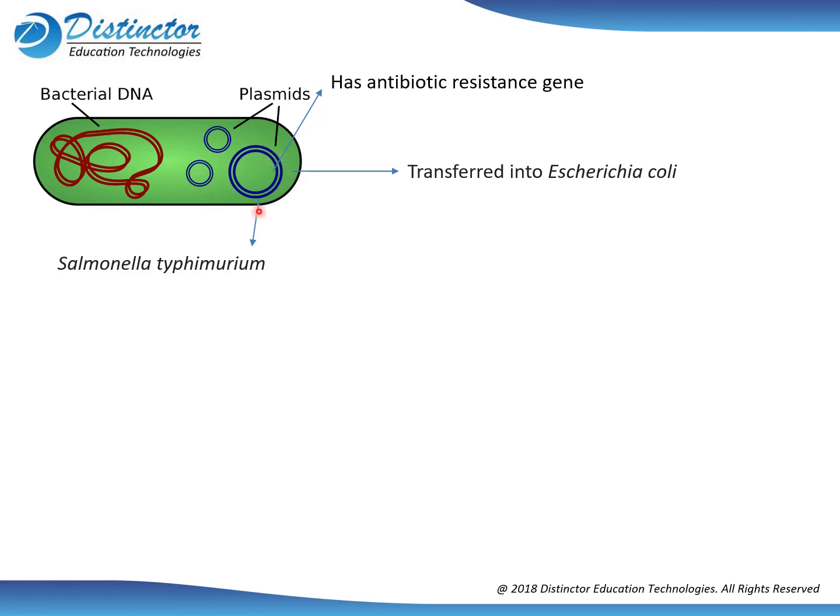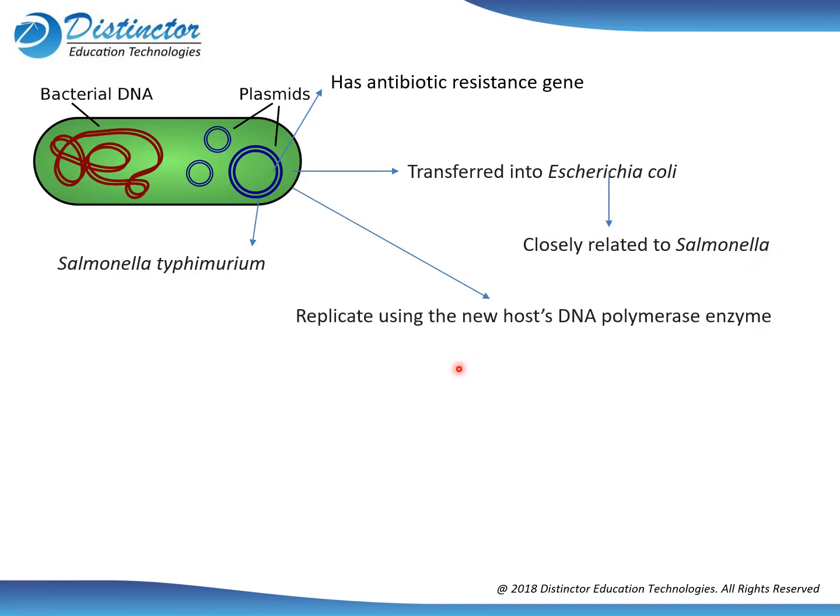So now this plasmid has an antibiotic resistant gene. They transfer this plasmid into E. coli. Why did they choose E. coli? Because it is closely related to the Salmonella species. So they can replicate using the new host's DNA polymerase enzyme. The DNA polymerase enzyme is the main enzyme responsible for the replication process. So they can replicate inside the host DNA.